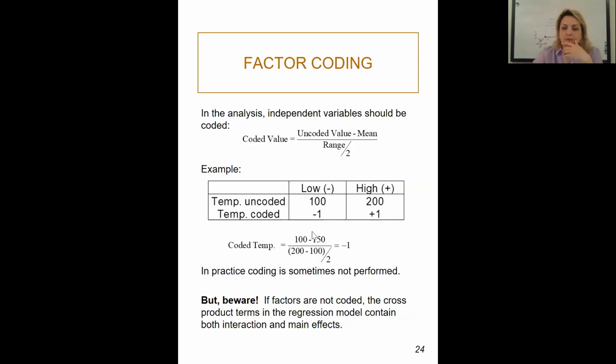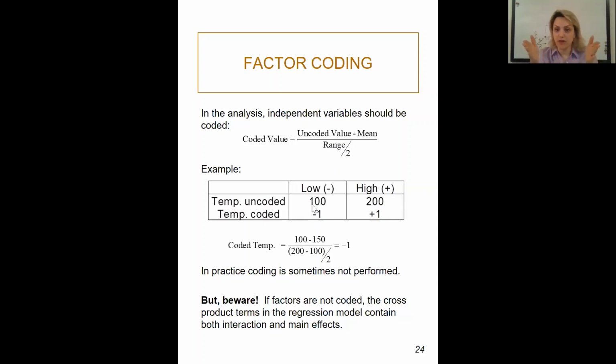So for example, here the 100 and 200, the mean between these two is 150, right? So the value of this mean is going to be 150. Then the range is 200 minus 100, right?